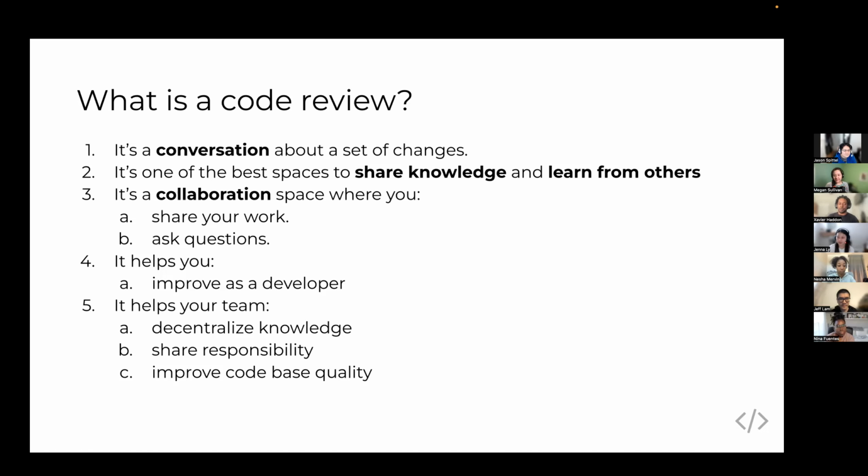You get to share your work, ask questions, and the information gleaned from the code review can be used to help you improve as a developer and help decentralize knowledge so that everyone is familiar with how the code works. It allows people to share responsibility and ultimately improves the code quality, because it's basically like QA. You've got a bunch of people coming together to make sure that nothing's been missed and that everything is as it should be.